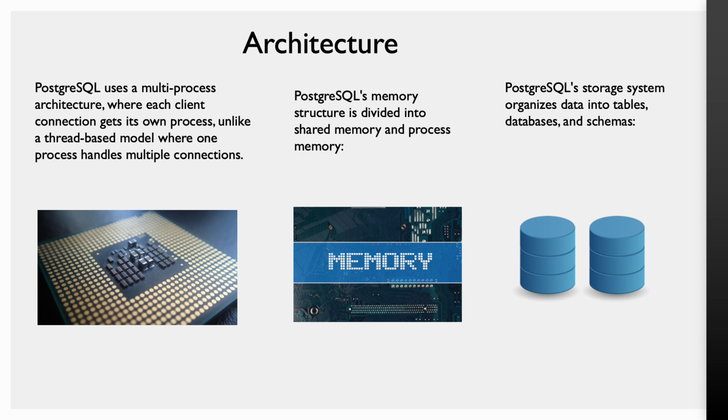Memory architecture. Shared memory: this is accessible by all backend processes. It stores the buffer cache, lock tables, and server-wide data to minimize disk input-output. Process memory: each backend process has private memory for handling its specific tasks like sorting, caching, and connection states.